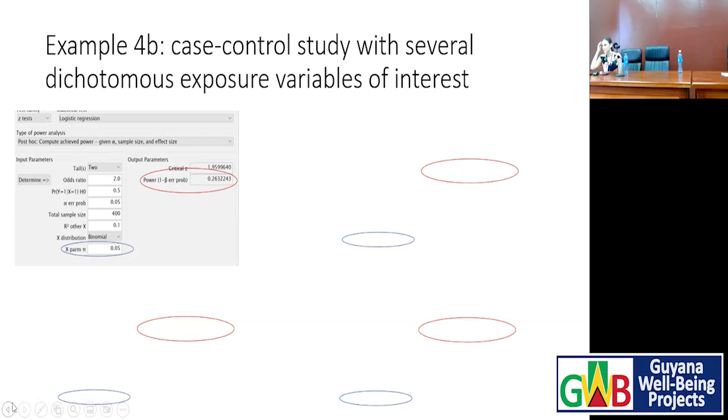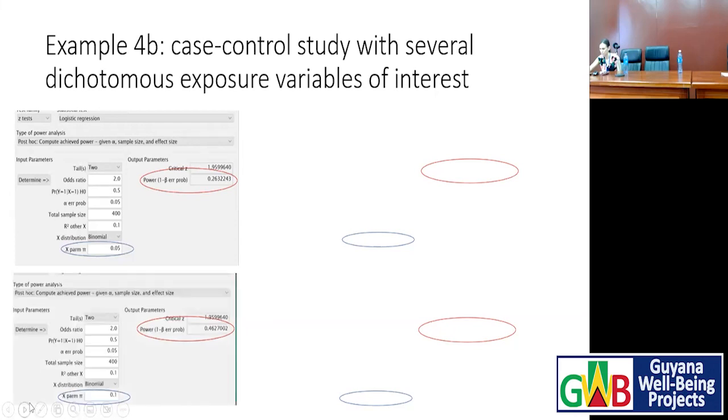We have several other exposures. Remember, we were interested in a list of them. So let's check them out one by one. The 5% prevalence: you see our power here, that's 26%. Here we have the 10% prevalence exposure. Okay, our power is up to 46% there.